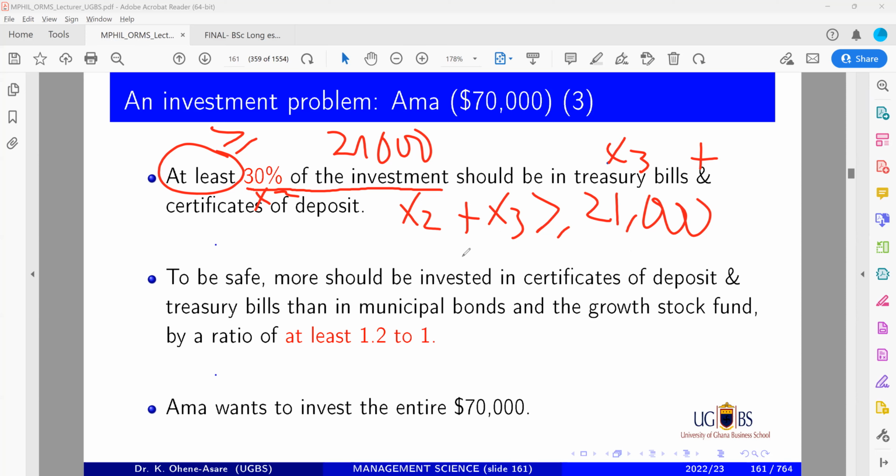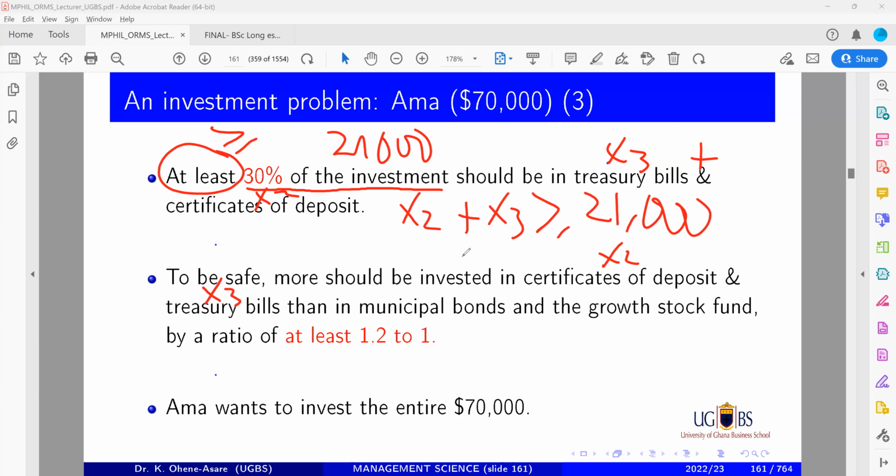Constraint number 4. To be safe, put more in certificate of deposit. What is that? X2. And treasury bills. What is that? X3. Put more into this than in municipal bonds.